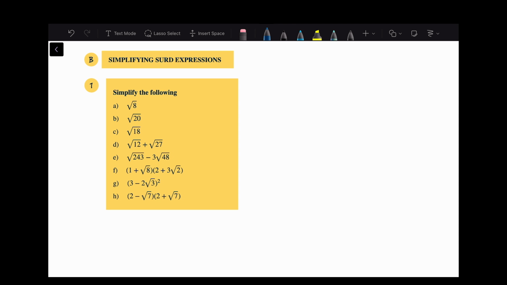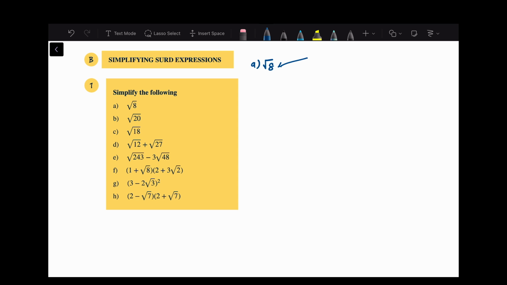So we'll now deal with more advanced questions to simplify these surds expressions. Now I have one tip for you. For example, if we see something like square root 8, all we need to do in the very first step is to think about the factors of 8 that can be square rooted.